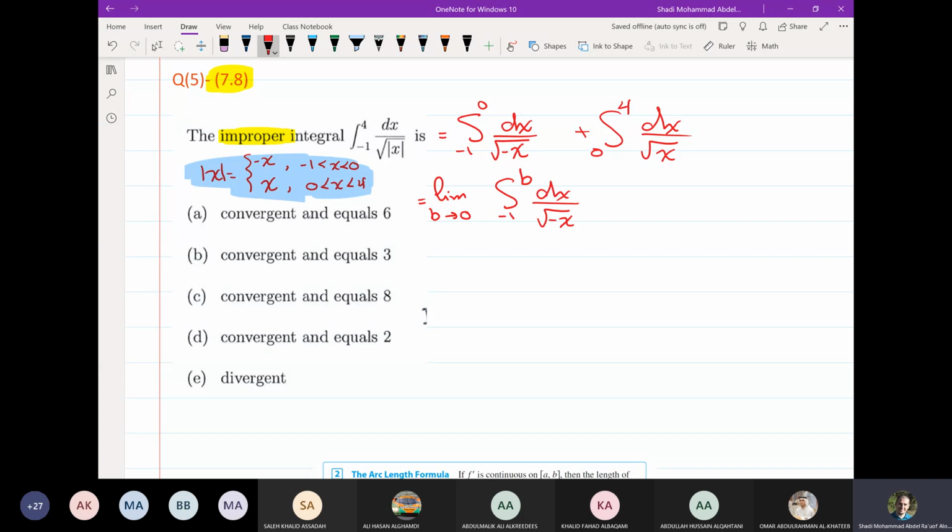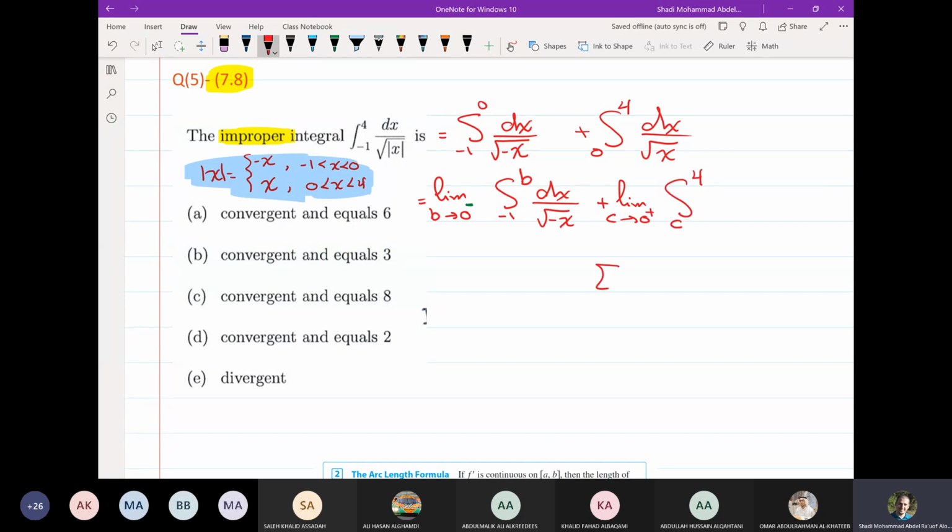But there is a small idea here. You need to understand it very well. This interval starts from -1 to 0. Zero from the right or from the left? From the left. I care about 0 from the left, not 0 from the right. Zero from the right will be in the next integral. So, plus the limit as c goes to 0 from the right of the integral from c to 4 of dx over the root of x.